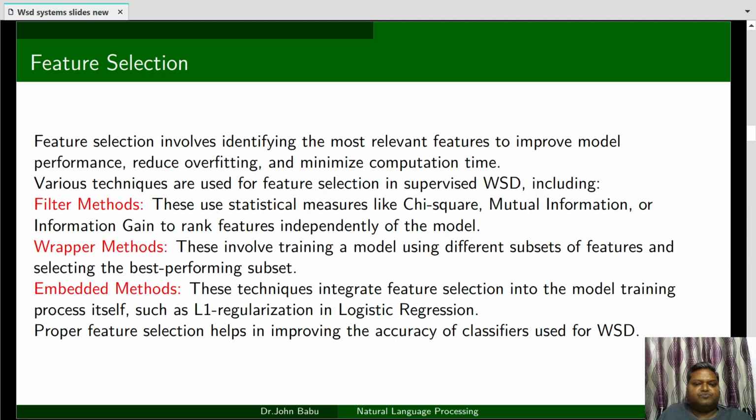There are filter methods, which use statistical measures like chi-square, mutual information, or information gain to rank the features. If you remember in decision trees, we calculated information gain to decide which feature to keep at the root. Then we have wrapper methods and embedded methods, which include L1 regularization, logistic regularization, those methods.